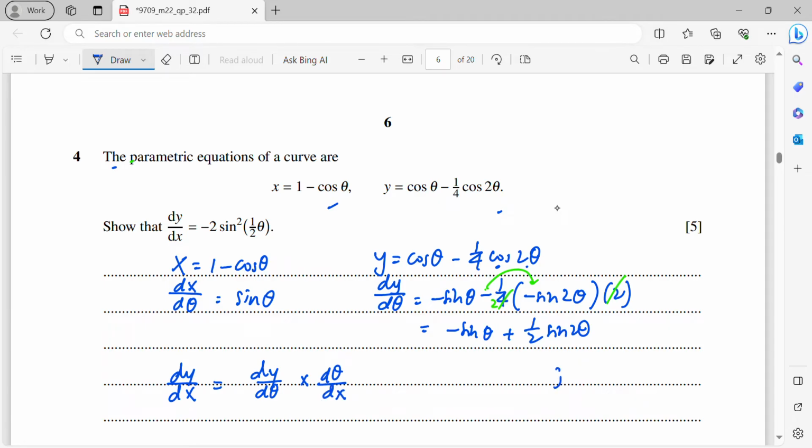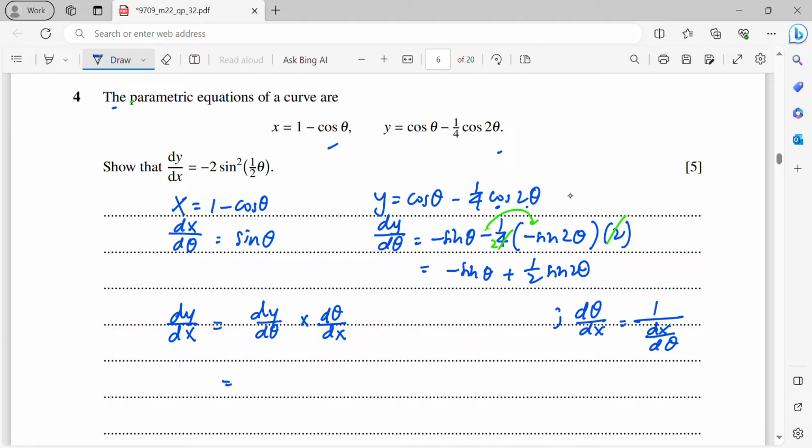For your information, d theta over dx is the same as 1 over dx over d theta. So now here, I will get minus sine theta plus half sine 2 theta, times 1 over sine theta.